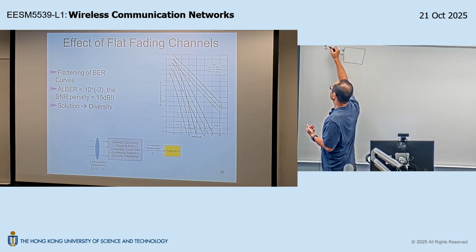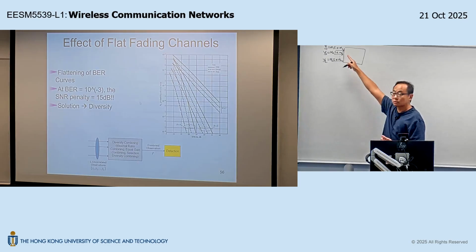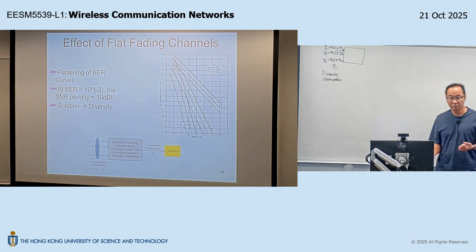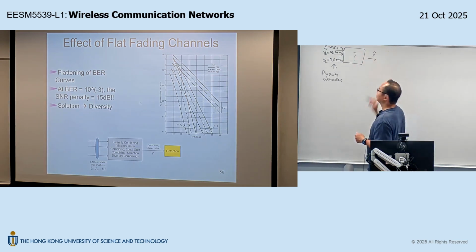For example, the first observation is given by alpha 1 s plus noise, the second observation by alpha 2 s plus noise, and in general we have L observations. These are the diversity observations available at the input of the receiver. Now the question is how to make use of this before we make a decision.